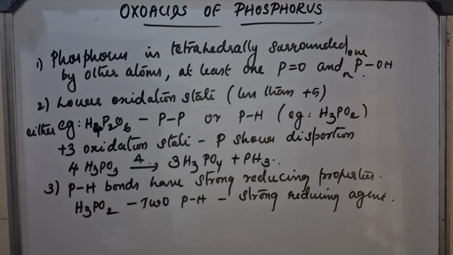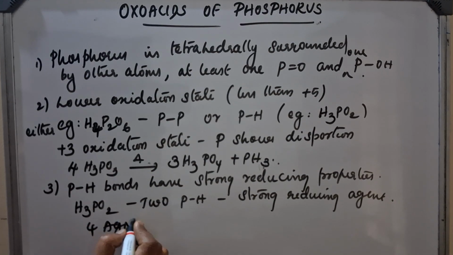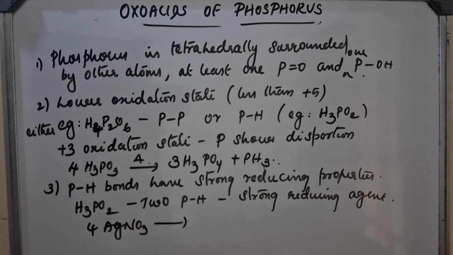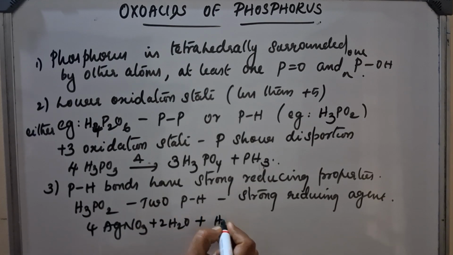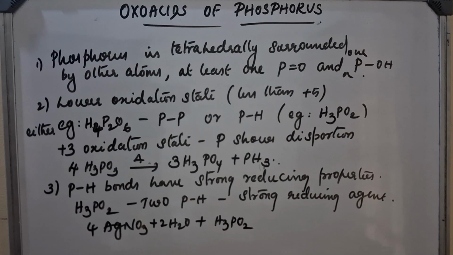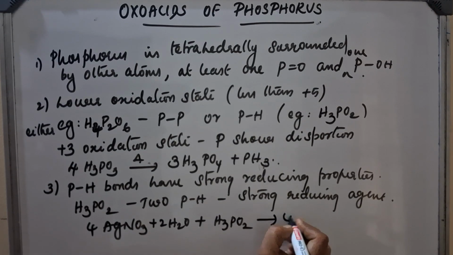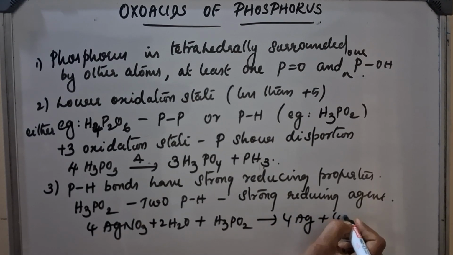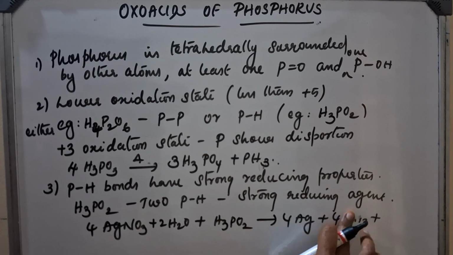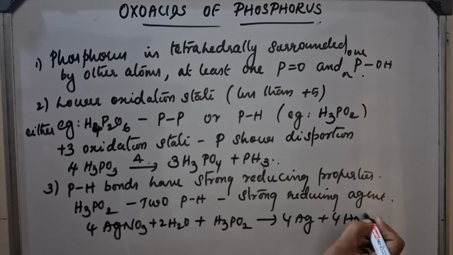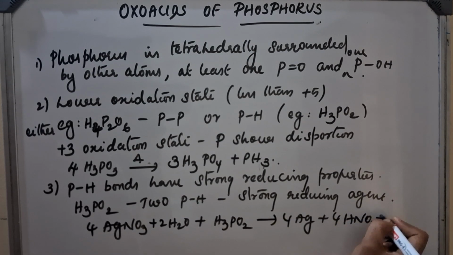And it reduces AgNO3 to metallic silver. The reaction is 4AgNO3 plus 2H2O plus H3PO2 gives metallic silver, 4Ag plus 4HNO3 plus H3PO4.